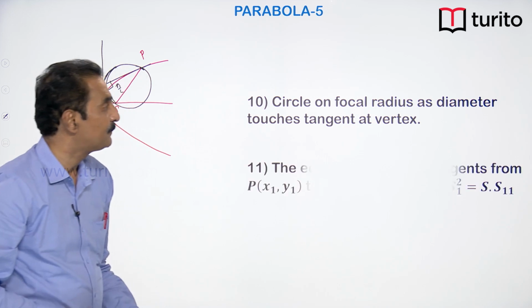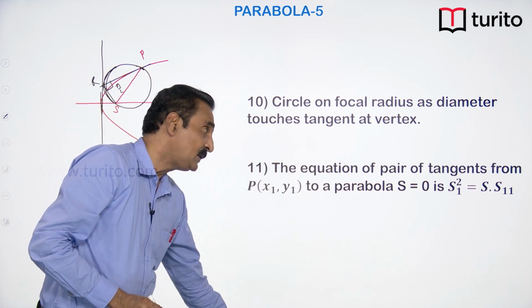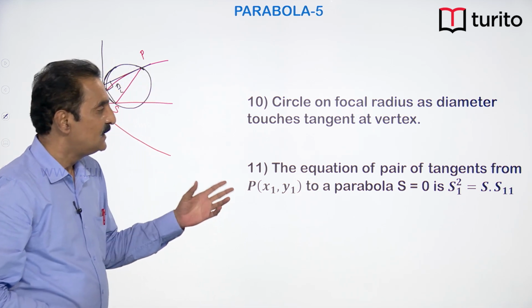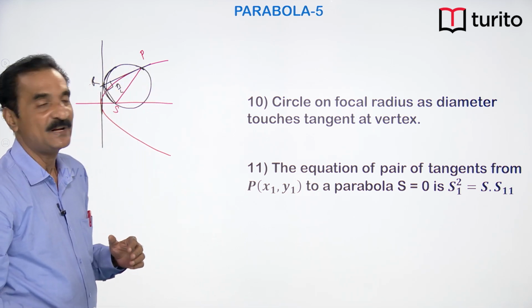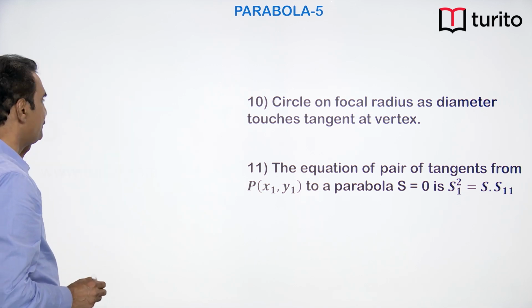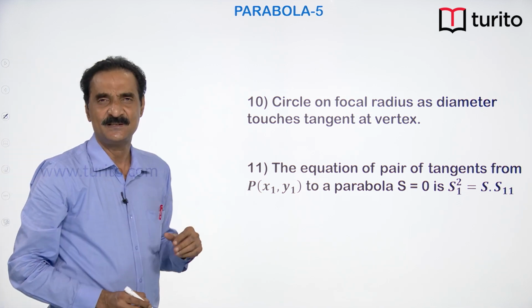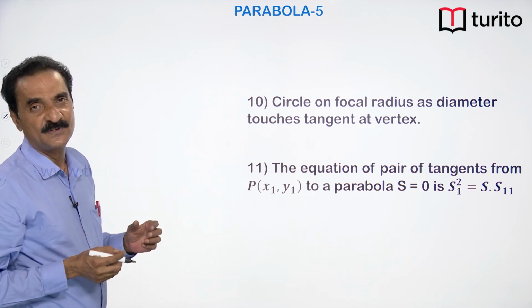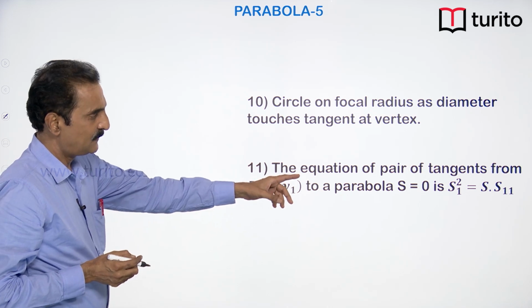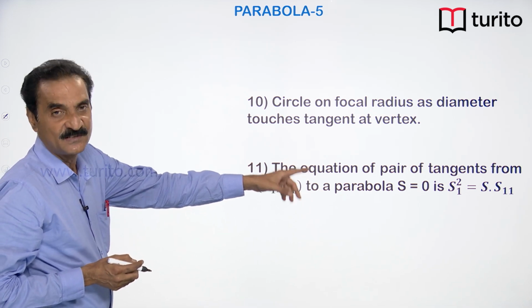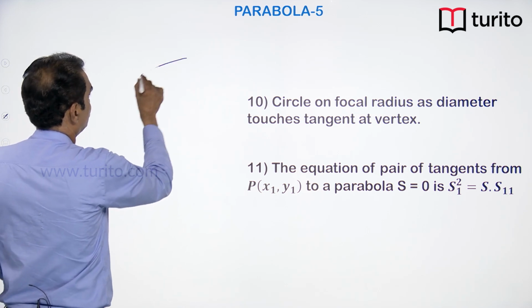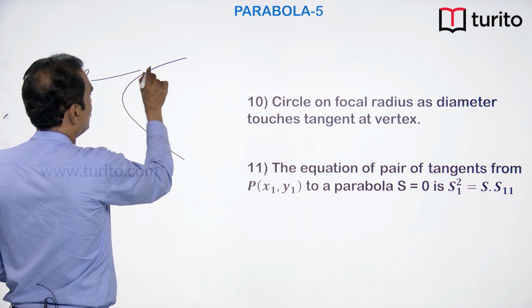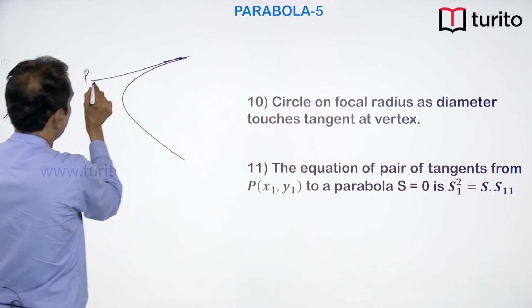Next point, equation of the pair of tangents from P(x1, y1) to the parabola S equal to 0 is S1 square is equal to SS11. Actually, we do not use this result at all except in very rare problems, and we have already discussed this result in circle. In all curves, the formula for pair of tangents will be same.